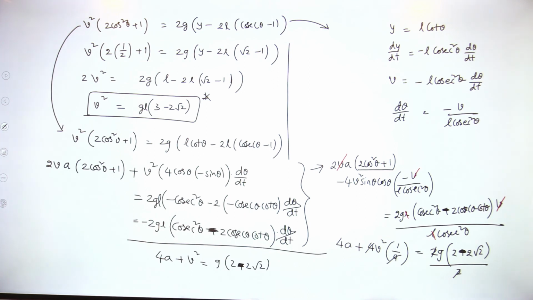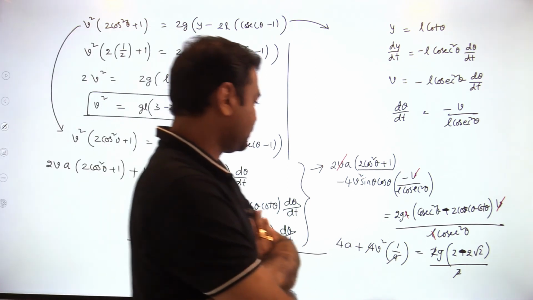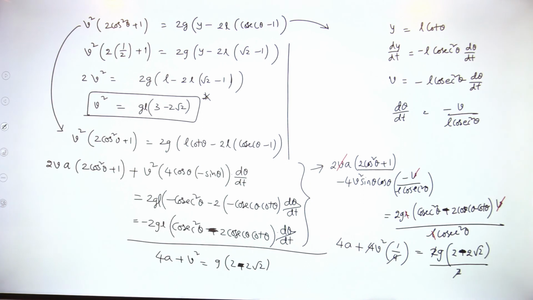L is cancelling out. V square is G into L term is there. L should not cancel out. Somewhere L is getting cancelled.